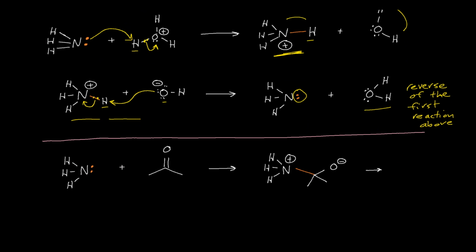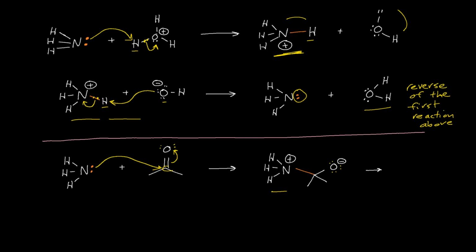Finally, I just want to remind you that amines are well known to react as nucleophiles, in this case forming a bond to the carbonyl carbon, kicking electrons up onto the oxygen. That oxygen ends up with 3 lone pairs where previously it only had 2, so now it's a negative oxygen. The nitrogen, as we see above and right here, has 4 bonds, and so it has a plus charge.